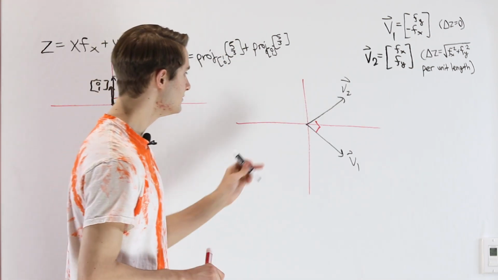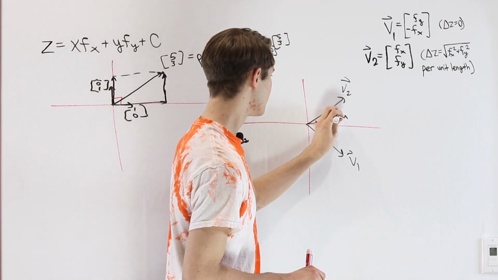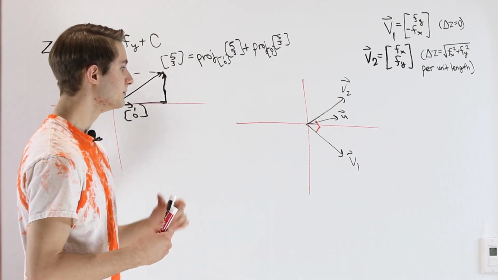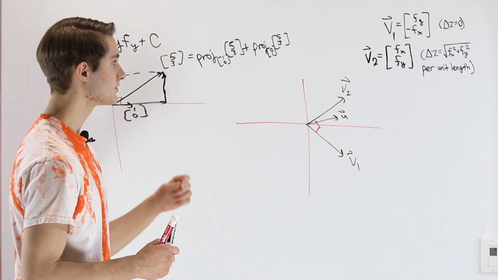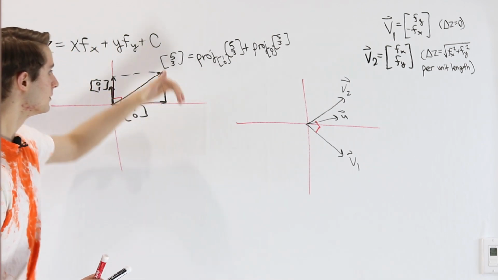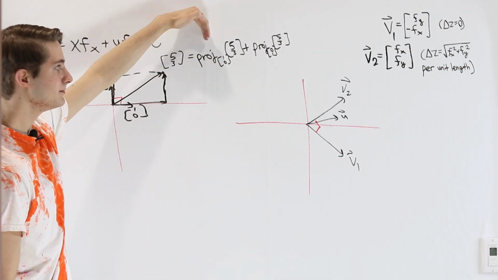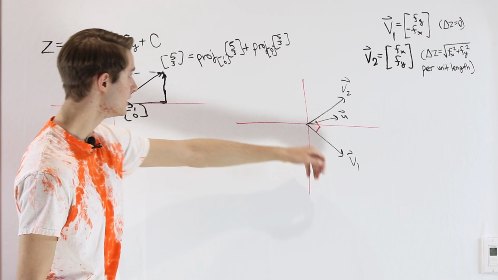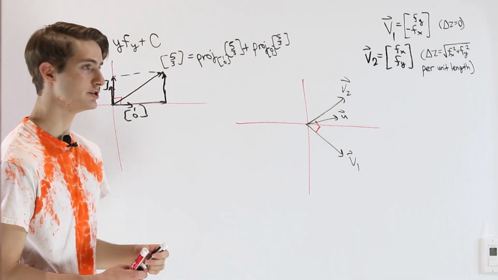If we take some unit vector right here, u, because our two coordinate vectors are exactly perpendicular, we can write that unit vector as the sum of its projection onto v1 and its projection onto v2.